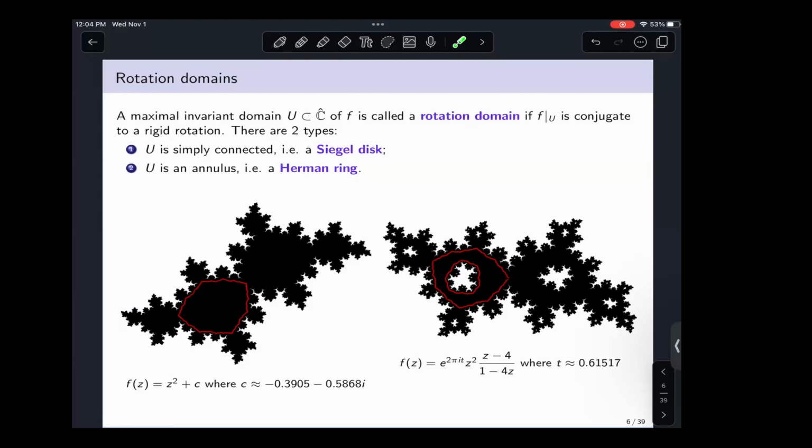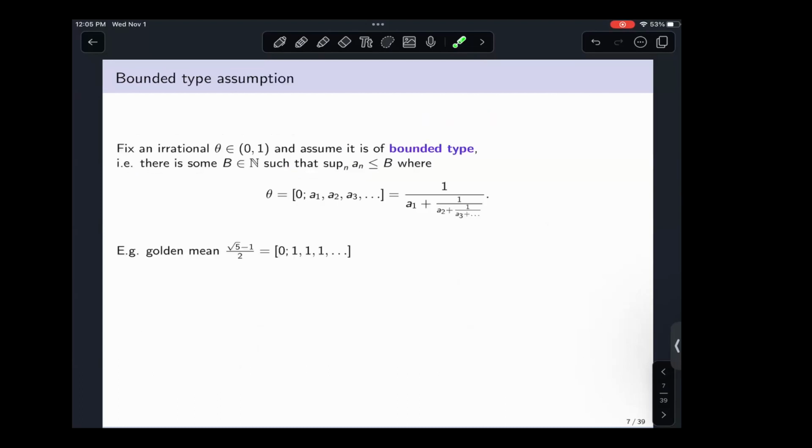So what I want to focus on today as well is to emphasize a certain assumption, which I call the bounded type assumption. So if you look at the corresponding rotation number, it must be an irrational number. I'm going to assume that it's of bounded type. So what this means is that when I look at the continued fraction expansion, I look at the terms, and then these must be uniformly bounded by some constant.